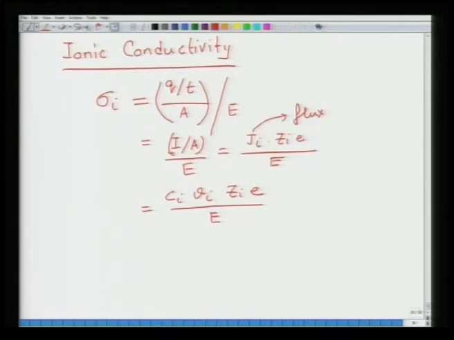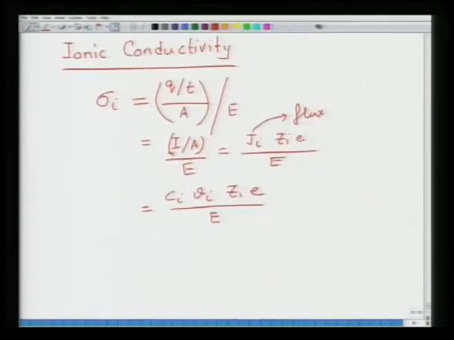For ionic systems we can use the Nernst-Einstein equation, from which we saw that mu I was equal to Z I E D I divided by k T. So the sigma I becomes equal to C I.